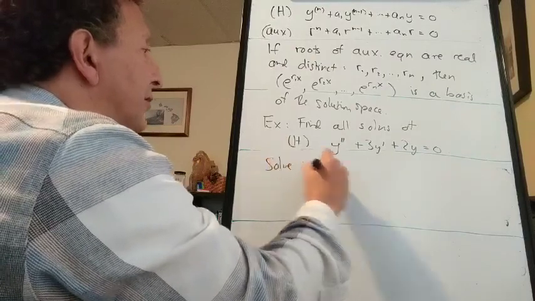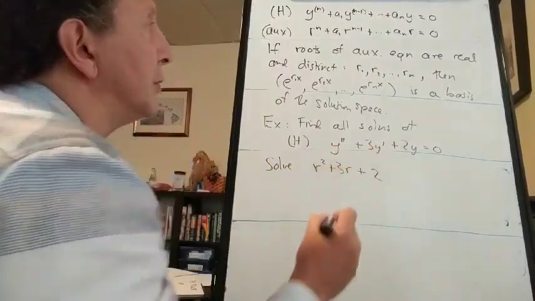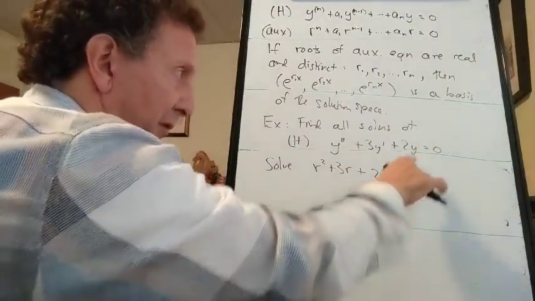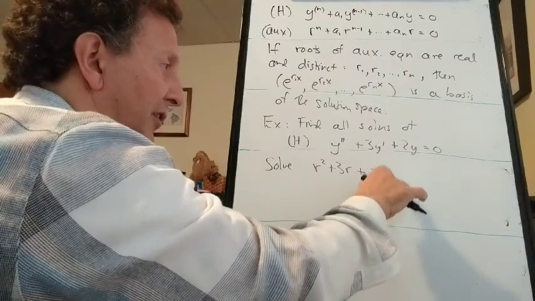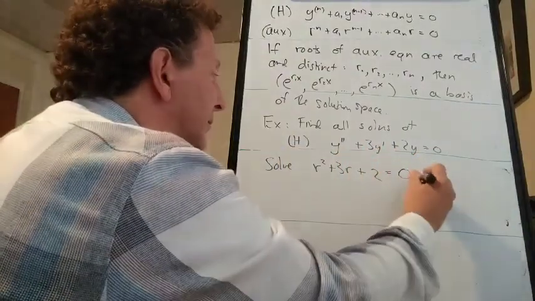So we'll solve r squared plus 3r plus 2. I should mention that y is the 0th derivative of y. So it turns into r to the 0th. It just disappears. So we'll solve this equals 0.